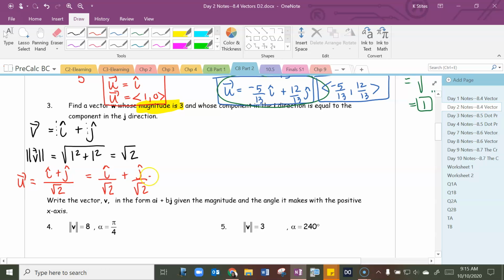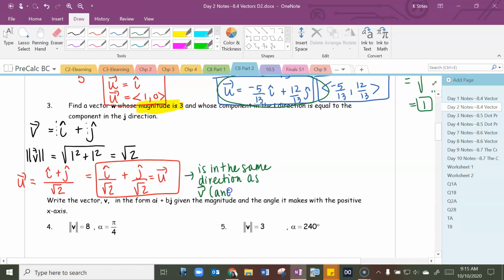That's my unit vector. This guy is in the same direction as V and W. W is what we really want to find, but with a magnitude of 1.